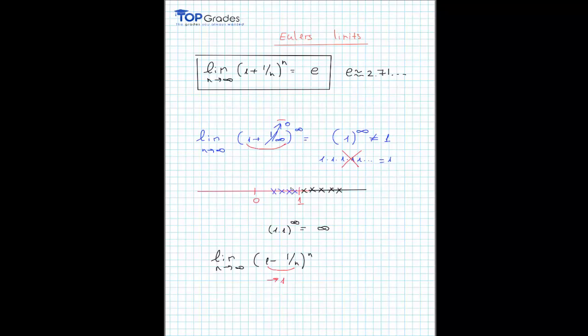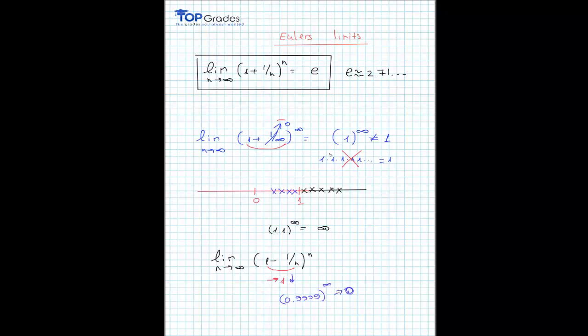It will be 1 minus something small and positive, so it will be less than 1. And if we take a number less than 1, let's say 0.9999, in the power of infinity, we will get 0. So 1 in the power of infinity is not always 1.